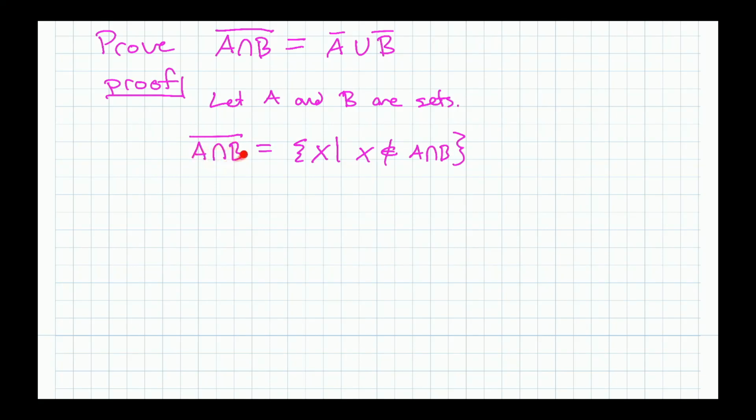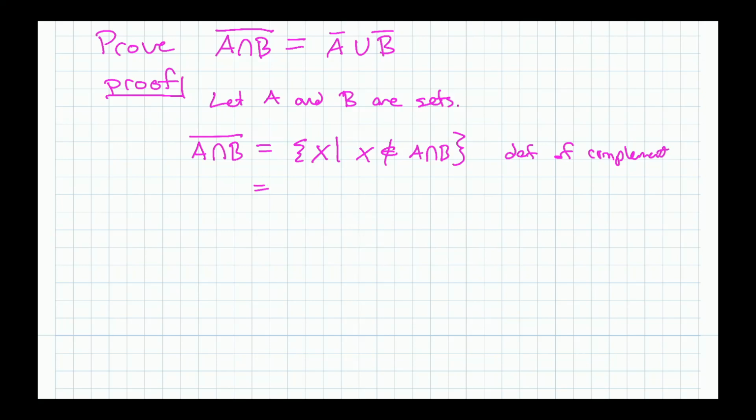So if you're outside A intersect B, that means x is not in A intersect B. So that's all we're saying here. We're not dealing with the definition of intersection yet. So this is just what the complement means. So that's the definition of the complement.